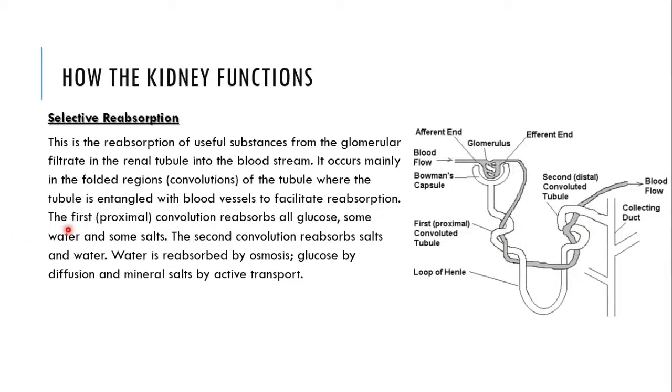So the first proximal convolution reabsorbs all glucose. Remember, glucose is part of the glomerular filtrate, which is filtered here, right? So all glucose is reabsorbed here, along with some water and some salts. What else? Some water. What else?